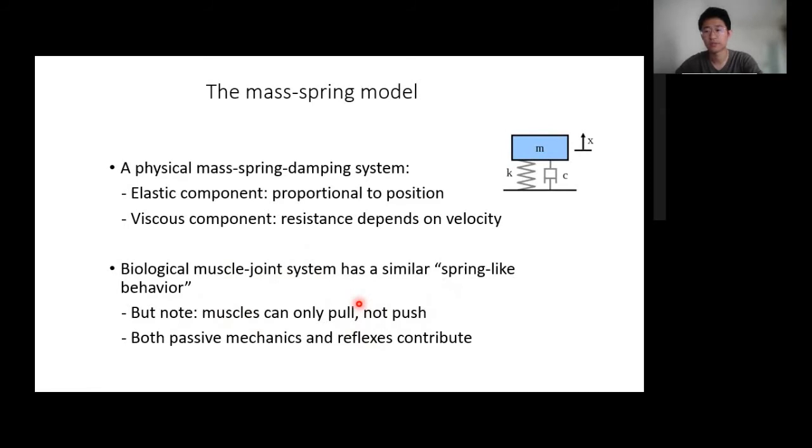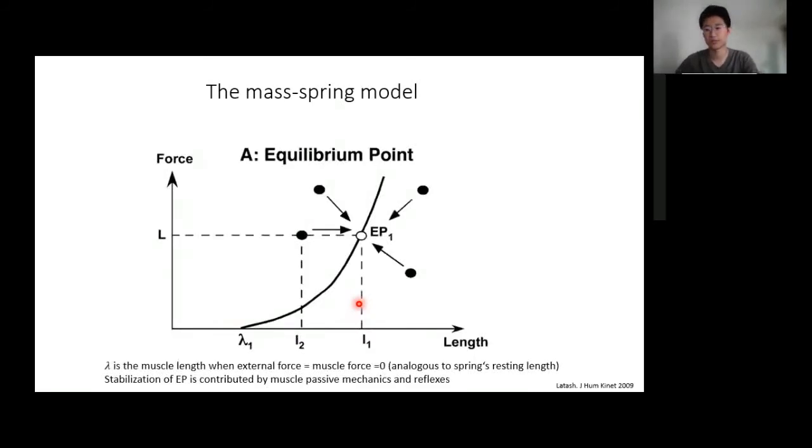But we still want to model the muscle like a spring. So let's make a plot of the spring. We have the length of the spring and the force of the spring. Let's consider this lambda as the zero length, or the resting length, of the spring. So this is actually a model of the muscle.